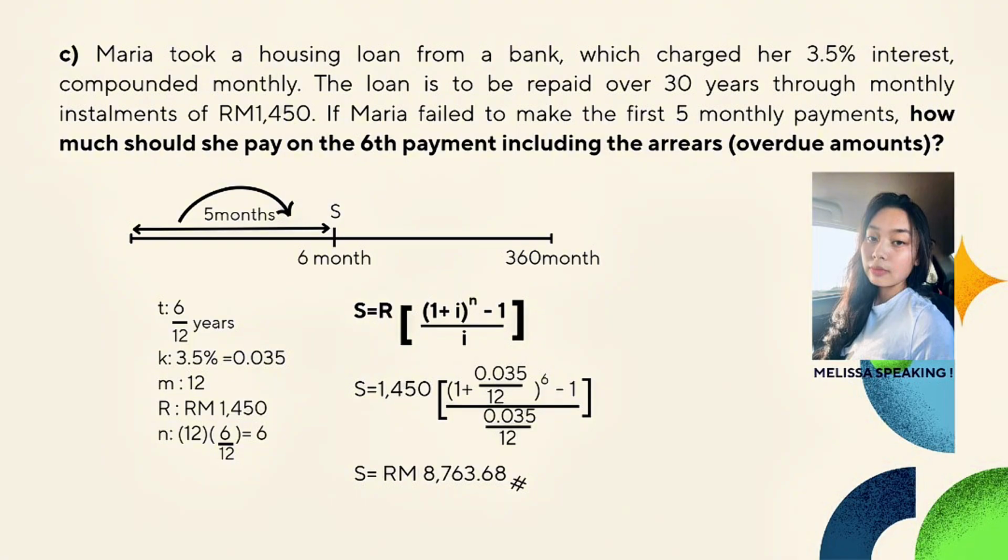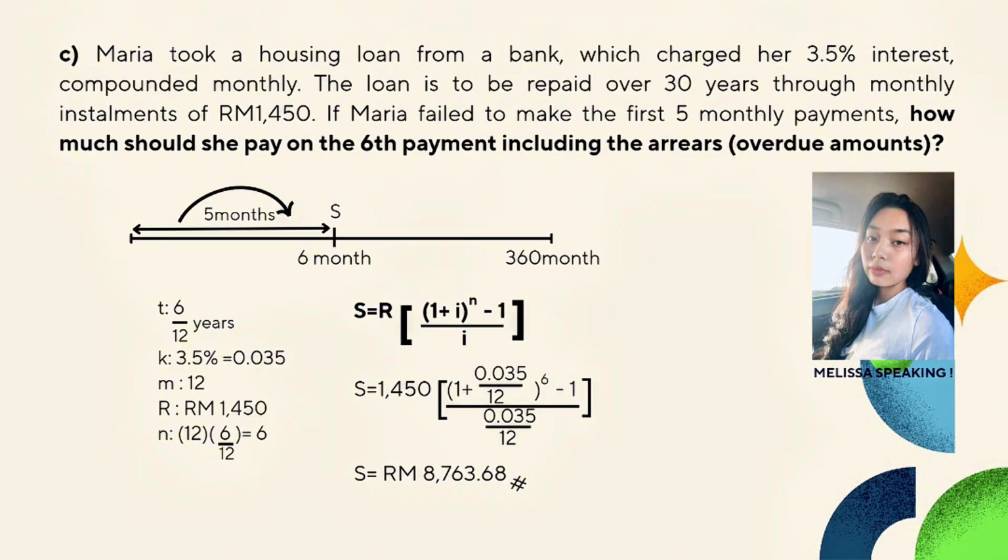That means T equals to 6 over 12 and not 30 years. Next, K is equals to 3.5%, M is compounded monthly equals to 12, R is 1,450 ringgit Malaysia, and N is M times T equals to 12 times 6 over 12 equals to 6.